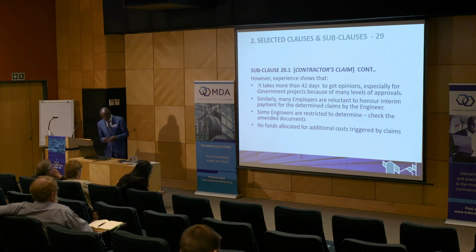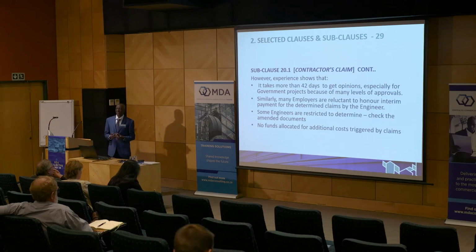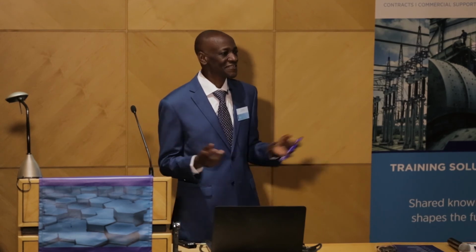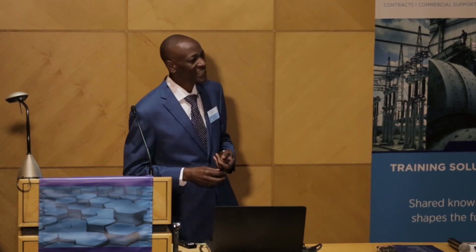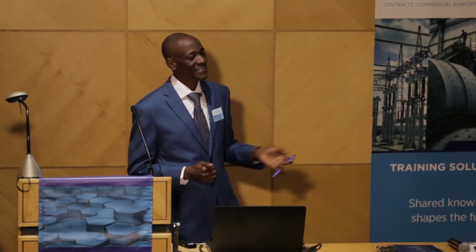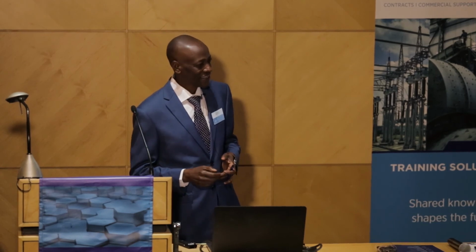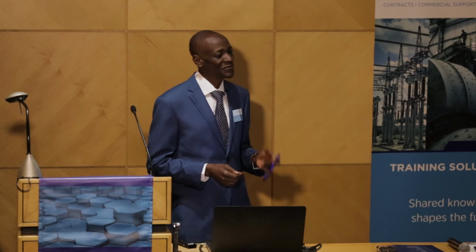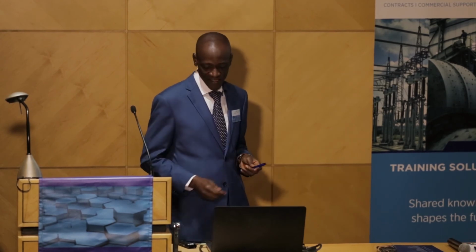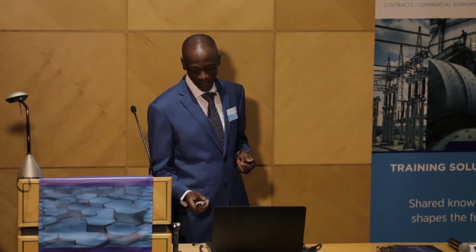Also, to some extent, some employers don't have funds. They don't allow funds for claims. So how do you determine it? You should check if the employer has enough money to fund the project, including additional claims. How do you do it? It is something which needs to be dealt with case by case, depending on the employer you are dealing with.